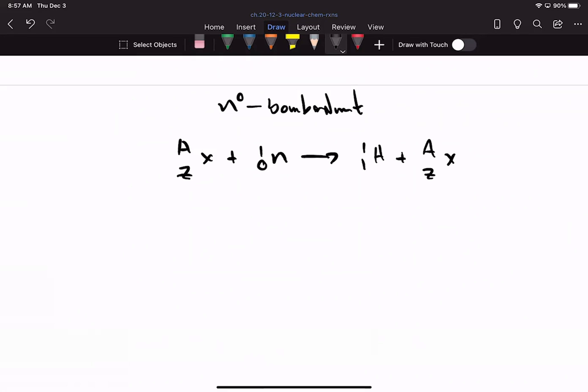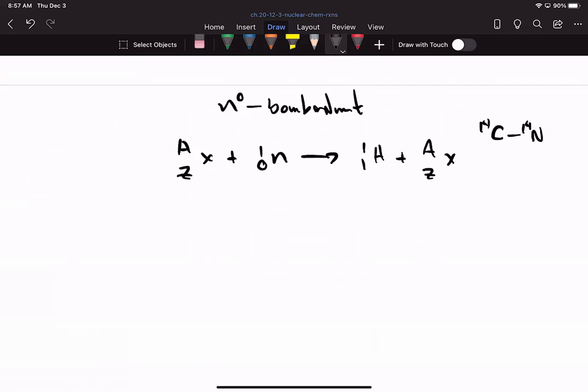But there's actually 2 scenarios here. This is one scenario when we're doing neutron bombardment. So we could use this in a case where we're going from, let's say, carbon 14 to nitrogen 14, right?